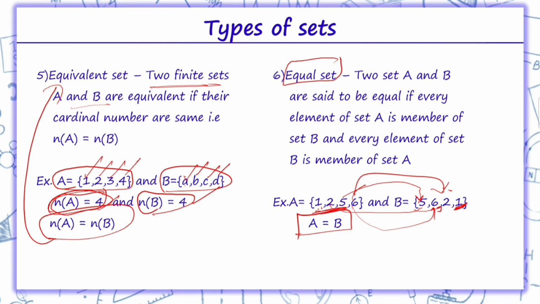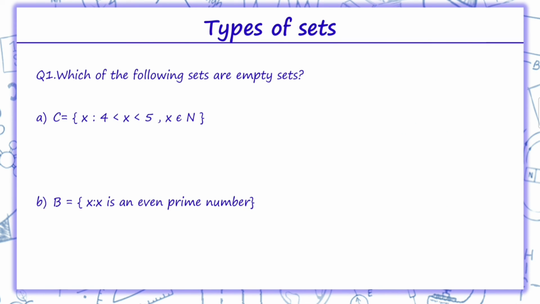Now coming on to the question part. The very first question is, which of the following sets are empty sets? Now as we have seen, this is the set given: x such that x is less than 5 but greater than 4, and x belongs to natural numbers.